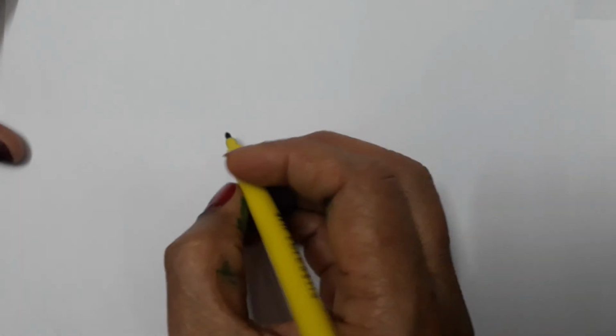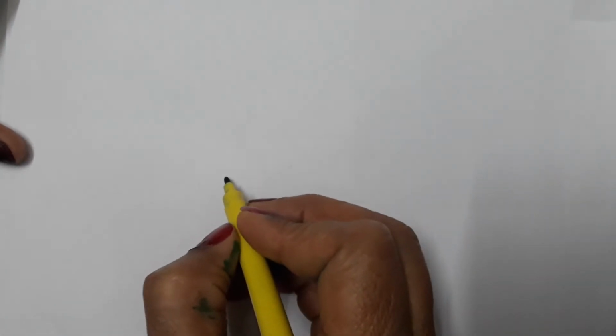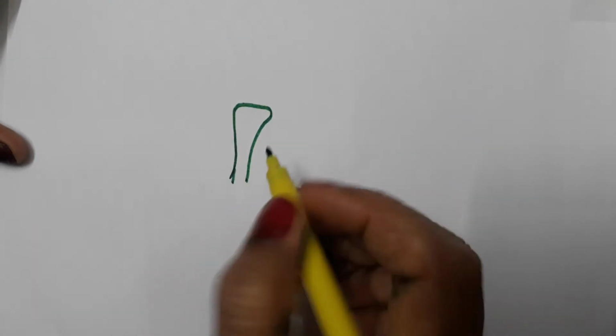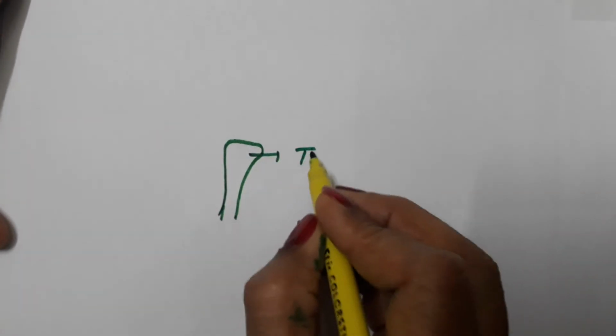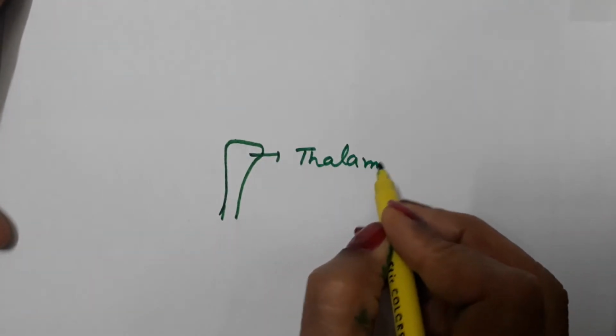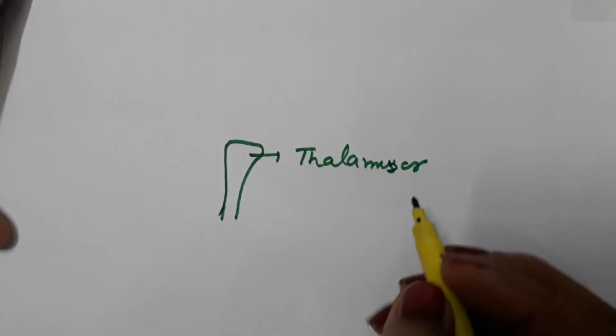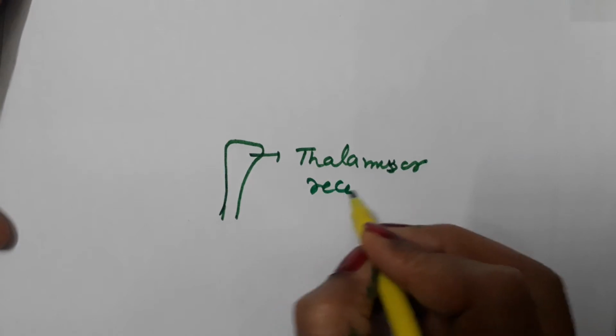All the parts of the flower are attached with a thalamus or receptacle.